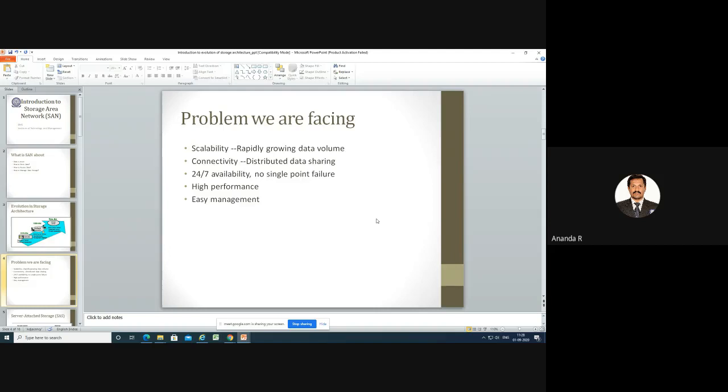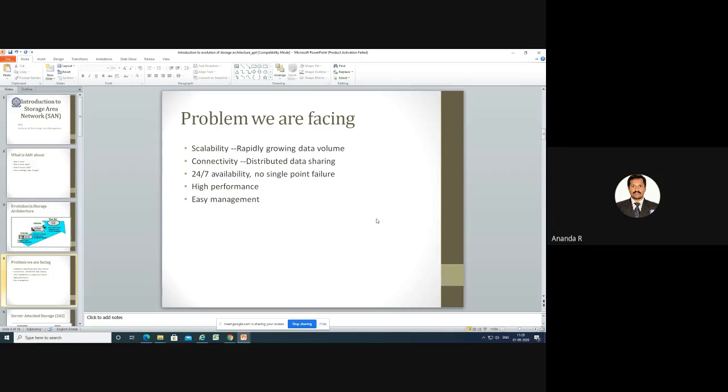So much data is getting collected from each and every person, a huge amount of data which is rapidly growing in a very big way.